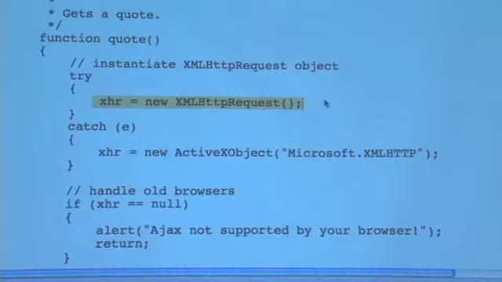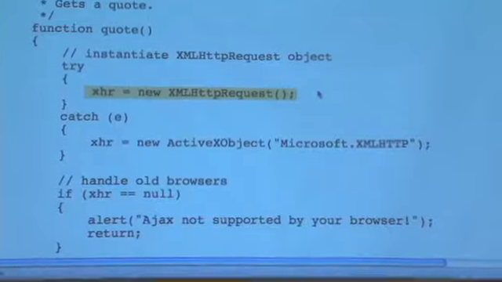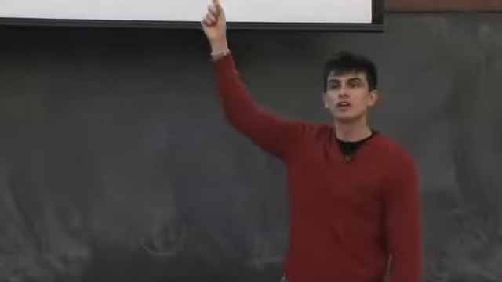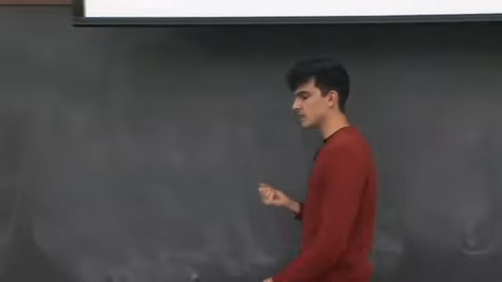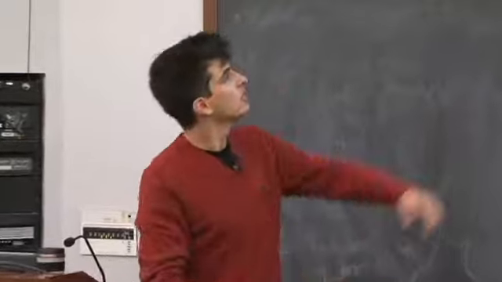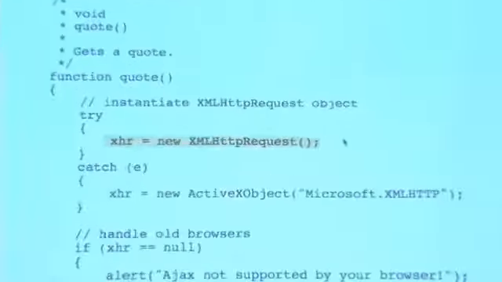This is the JavaScript style instantiation of this object. So this is why we have these two lines around the try-catch block. So we're going to try first to instantiate this XML HTTP request object using the typical JavaScript format. So right here, what's highlighted right now, XHR equals new XMLHttpRequest.